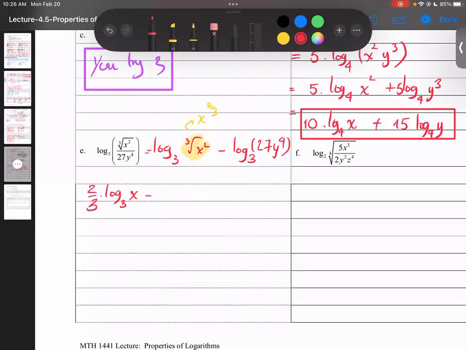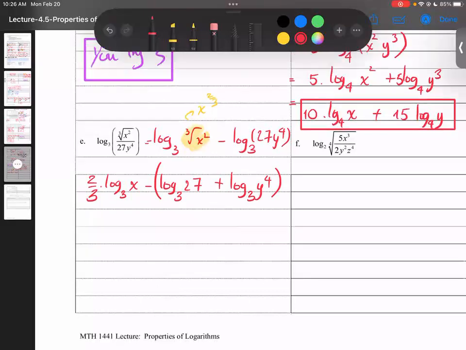So log base 3 of 27. The minus applies to both, right? It's plus log base 3 of y to the 4. But now I'm going to distribute the negative. Rewrite the first one, there's nothing I can do.